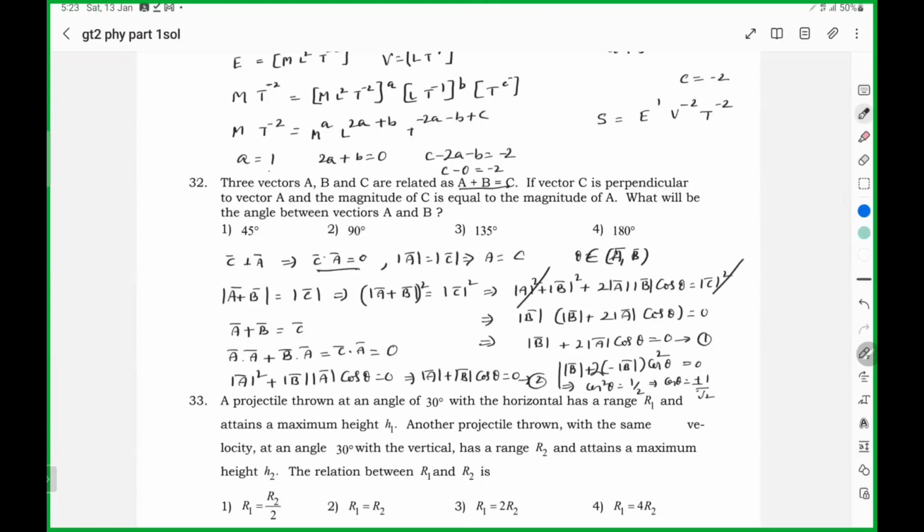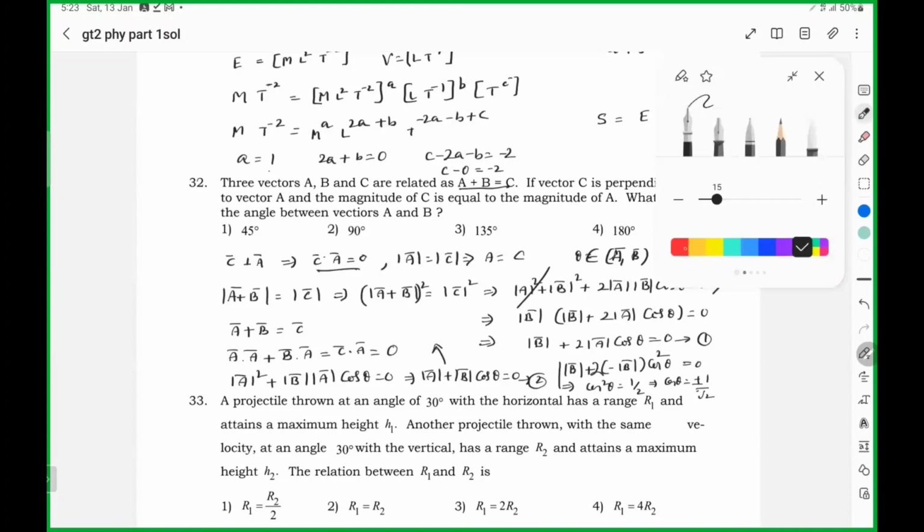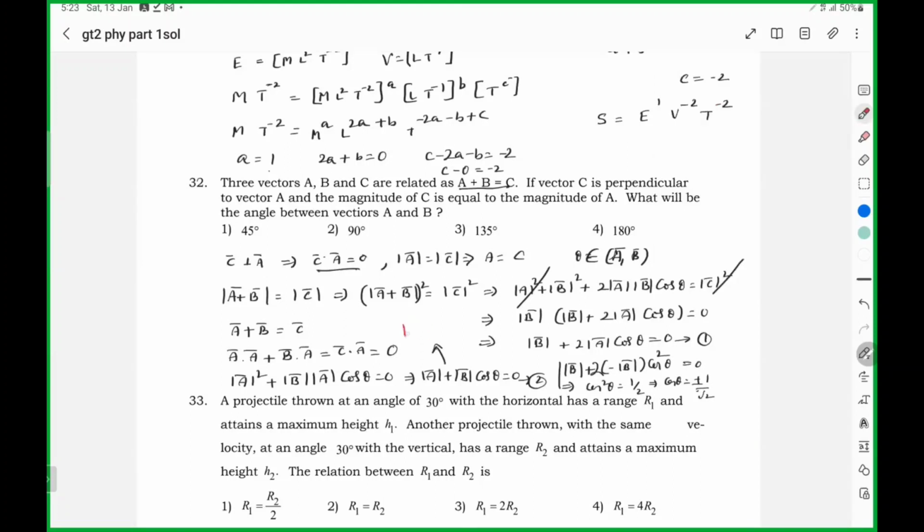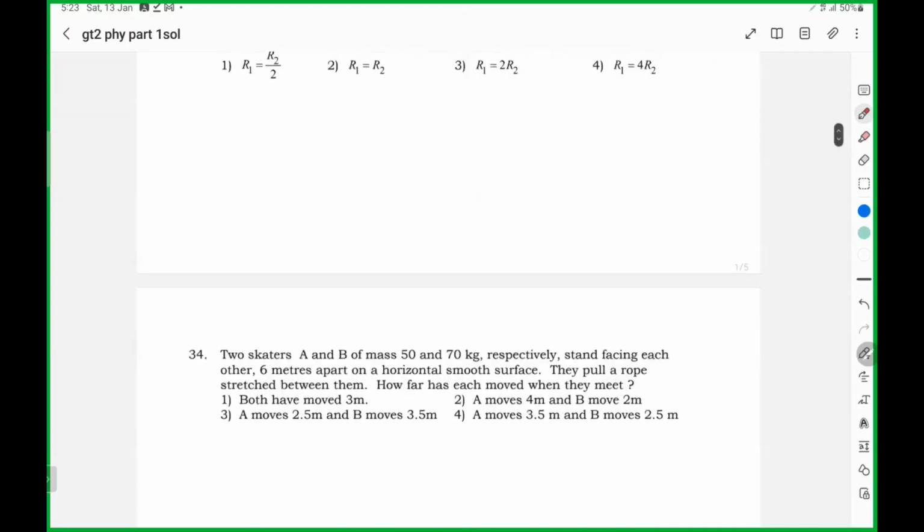Which one do we have to consider? Mod A is minus mod B cos theta. Mod A is positive, mod B is positive, so cos theta must be negative. So cos theta is minus 1 by root 2, and theta is equal to 3 pi by 4.